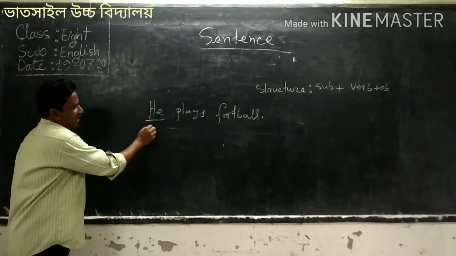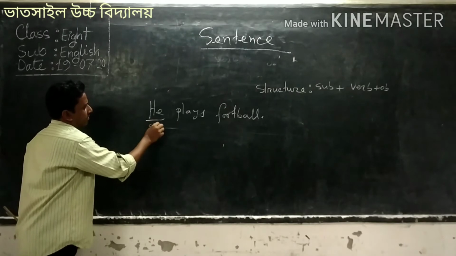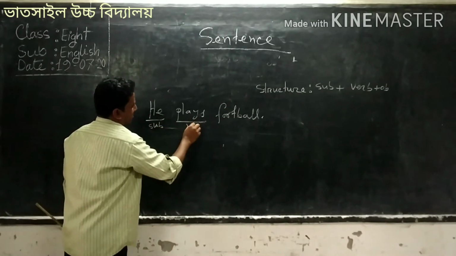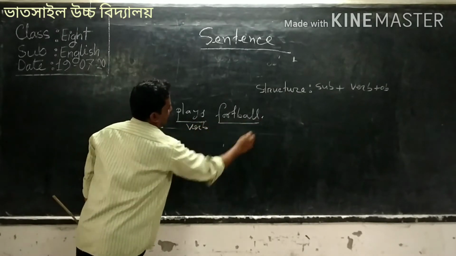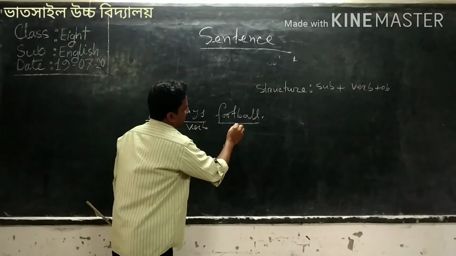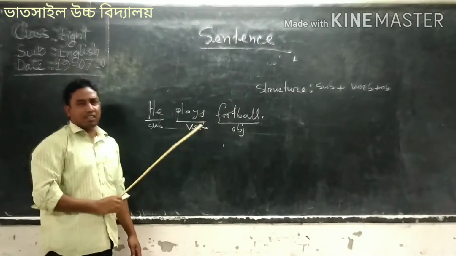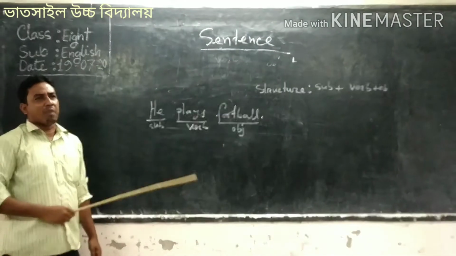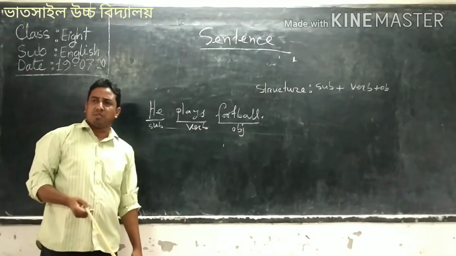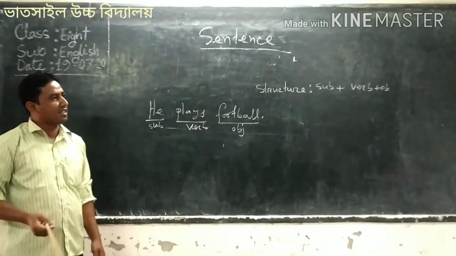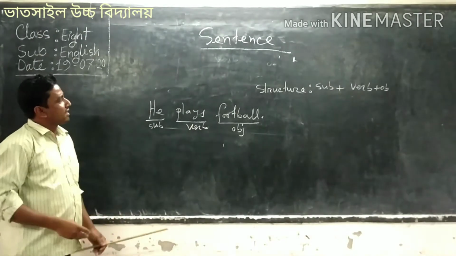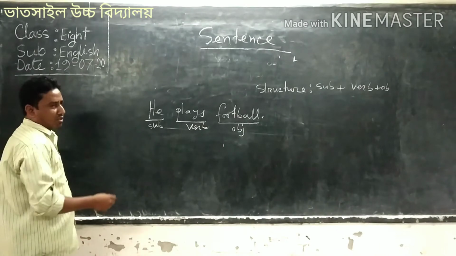He is the subject, play is the verb, and football is the object. This is the structure of an English sentence, but there are differences between a Bangla sentence and an English sentence. I am writing a Bangla sentence on the board.